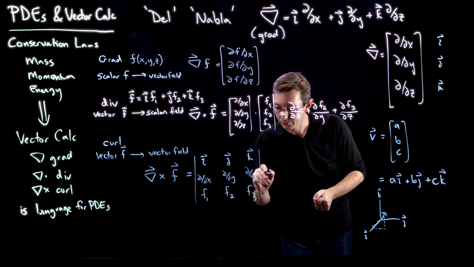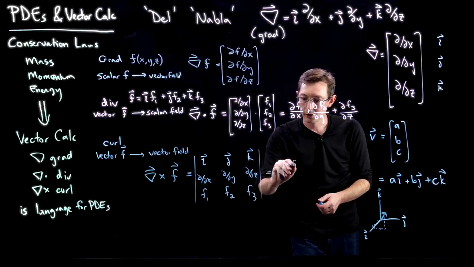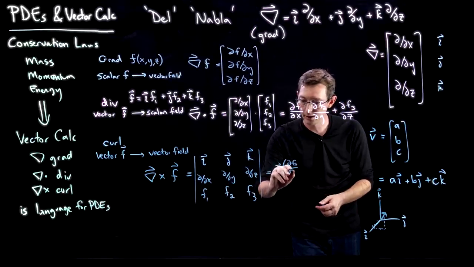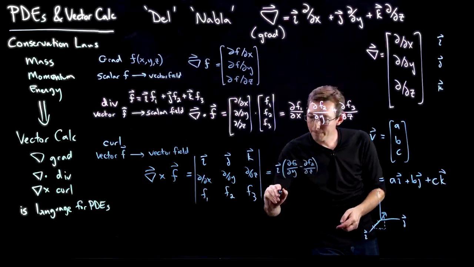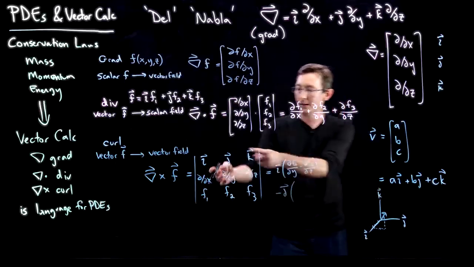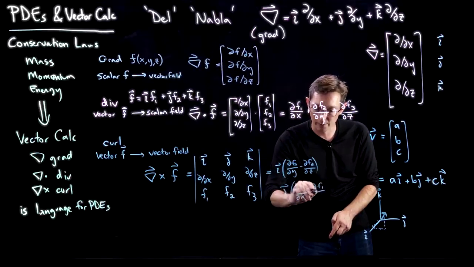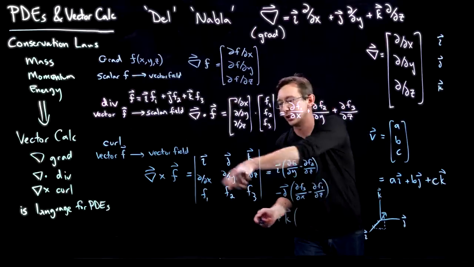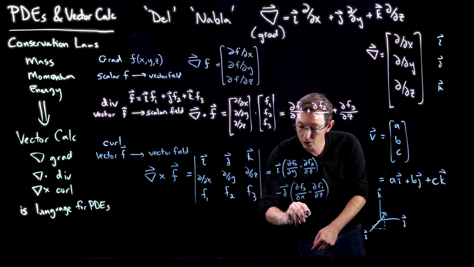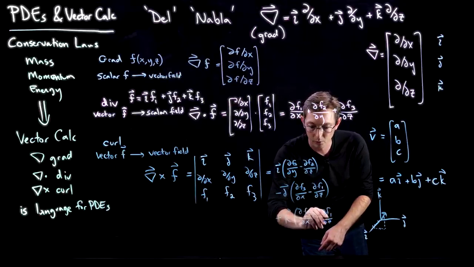I'll write it out. In the i direction, you have i times partial f3 partial y minus partial f2 partial z, minus in the j direction, you have partial f3 partial x minus partial f1 partial z, and then plus in the k direction, you have, I guess, partial f2 partial x minus partial f1 partial y.